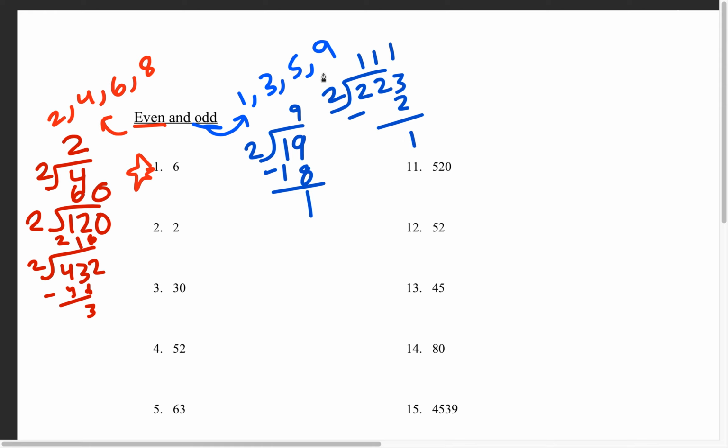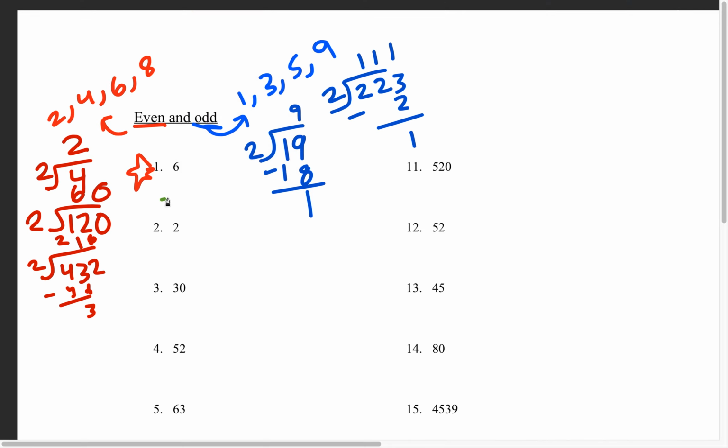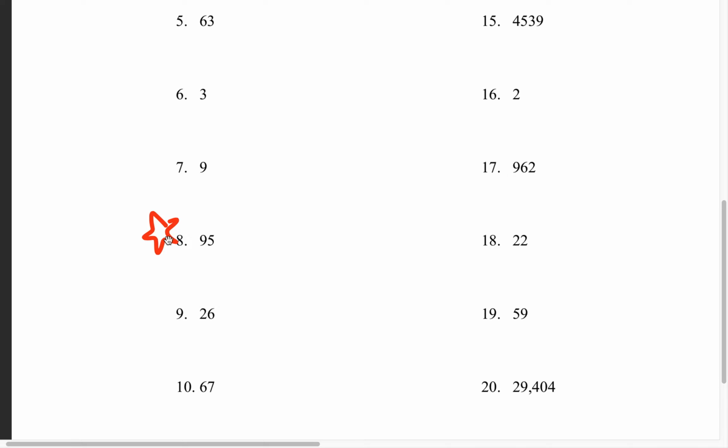It's like that. So let's look at the first one. The first one is 6, and that's already obvious. It's even, since if you divide it by 2, it's going to be 3. But how about this, 95? Well, if you try dividing by 2, you're going to have a remainder.